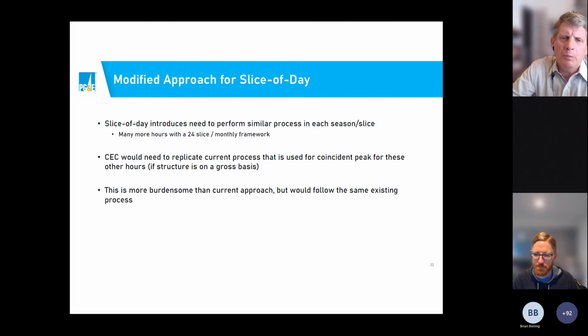Yeah, no, and you point something out, which is the ISO certainly does things on a gross load basis rather than on a net load basis in terms of the validation and the showing. And so any renewable resources that would be going into the calculation of the net load would still have the same showing requirement as any resources that were procured essentially to meet that RA requirement.